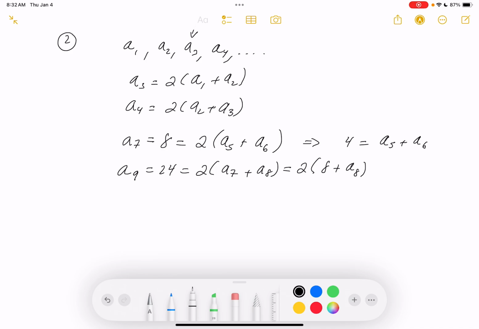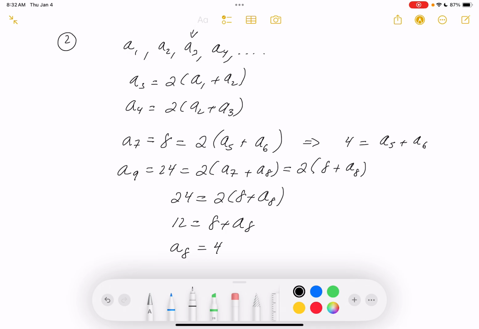Let's write this down. So I'm looking at 24 equals 2 times (8 plus A8). Well, it's going to be 12 equals 8 plus A8. So I can say A8 is equal to 4. All right?